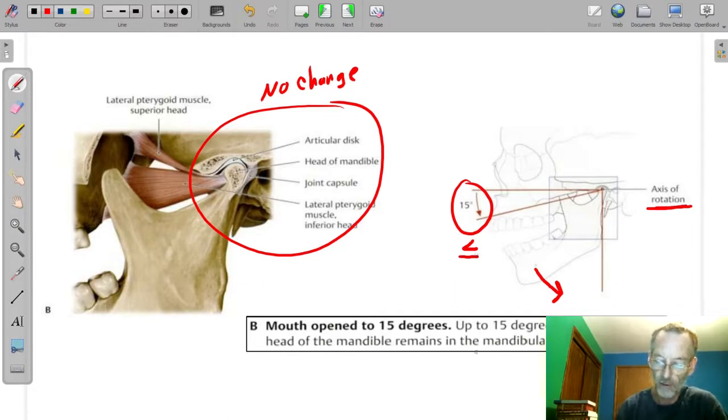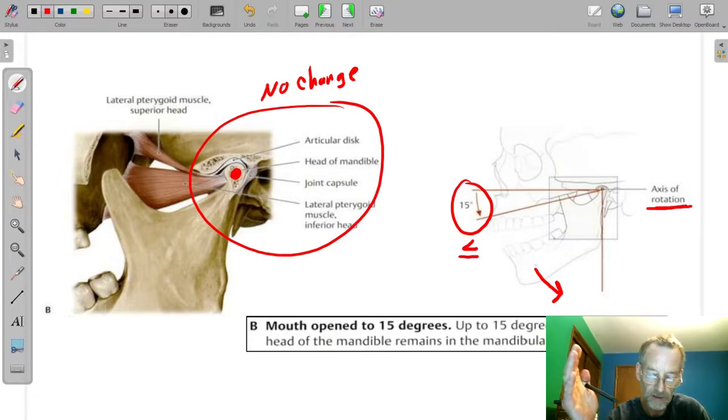So as the mouth opens slightly, the head of the mandible remains in the fossa. So there's no change. It's pivoted, which it had to do, of course, as the mandible was depressed slightly. So the mandible goes up and down a little bit, and the condyle of the mandible stays in the TMJ. Okay, now we're going to open it further.